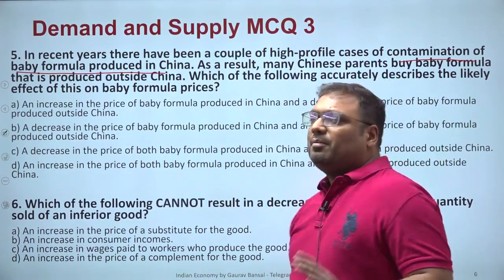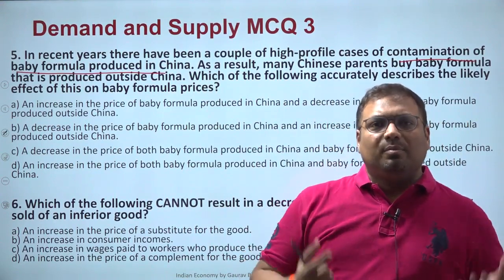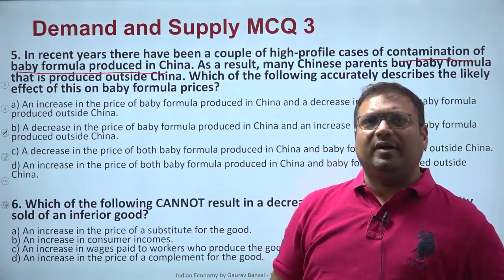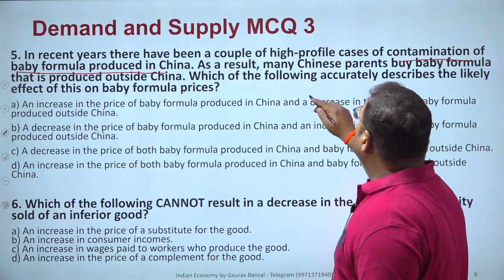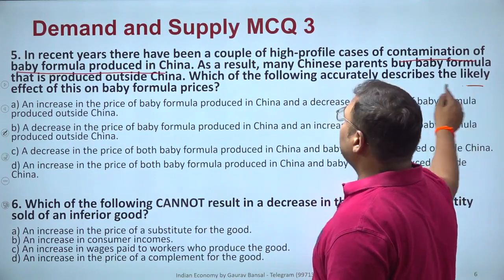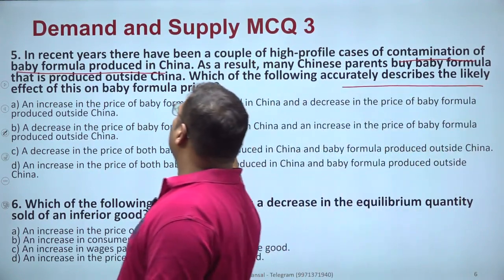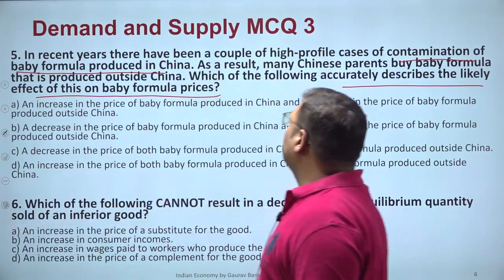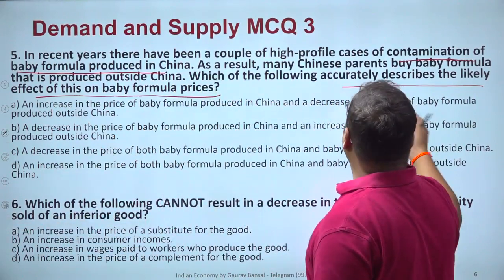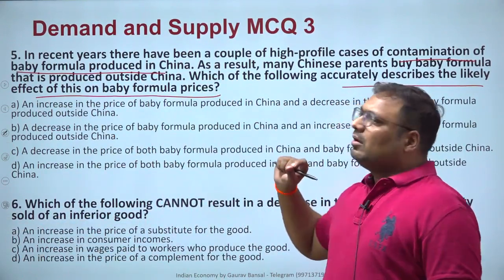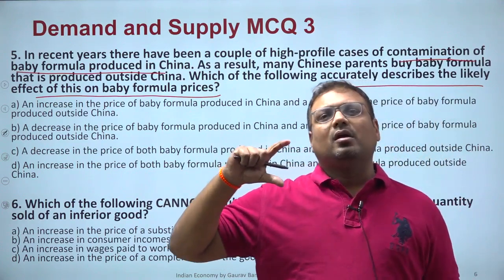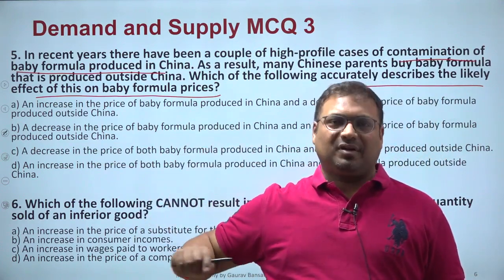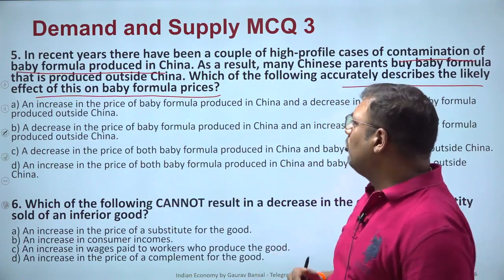Okay, people are buying product from outside. Which of the following accurately describes the likely effect of this on baby formula prices? Okay, so what is happening here? People are not buying from the domestic market. People are buying from the outside market.